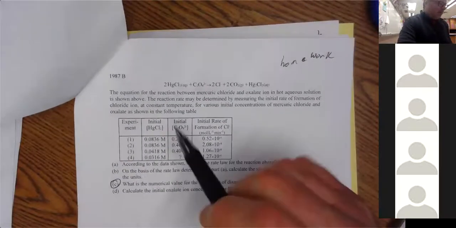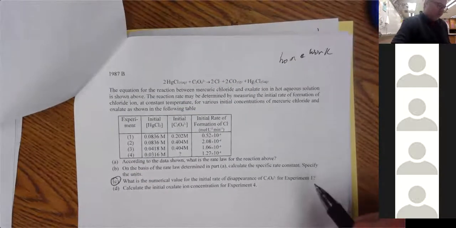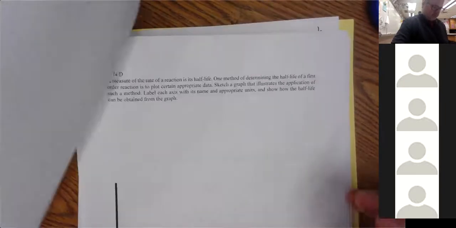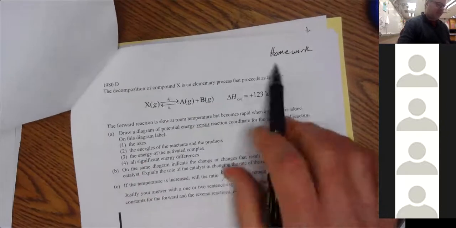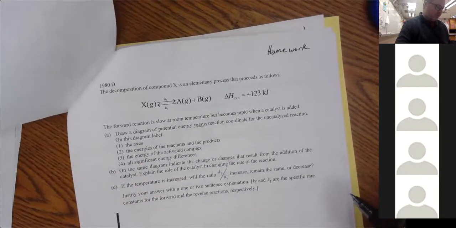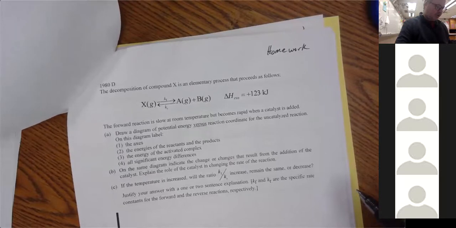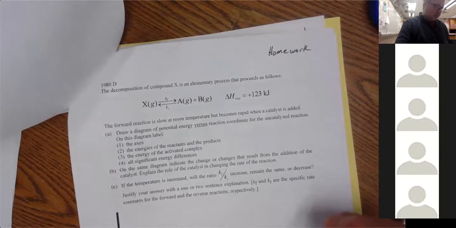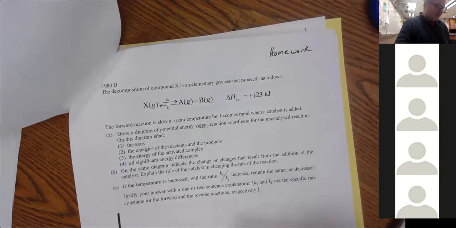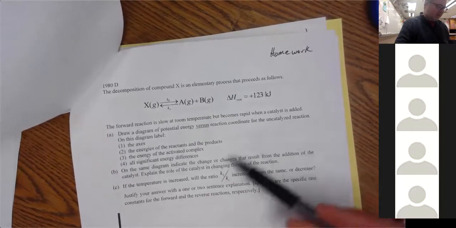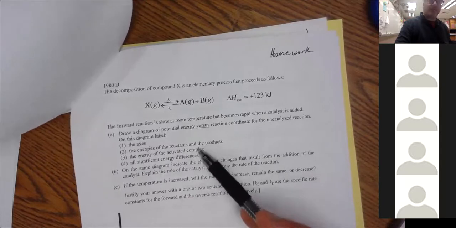So for tomorrow, I'd like for you to do 1987B on page 30 and 1980D on page 32. So again, this one is similar to drawing the things and with more labels.